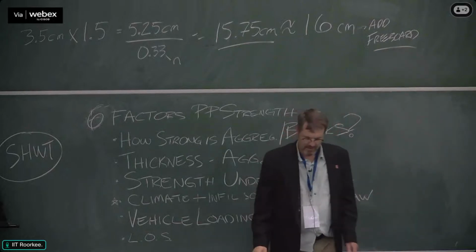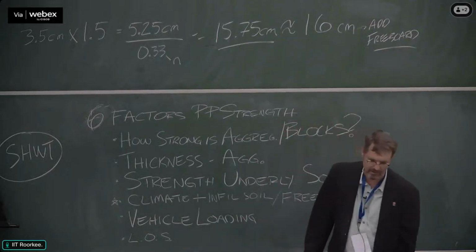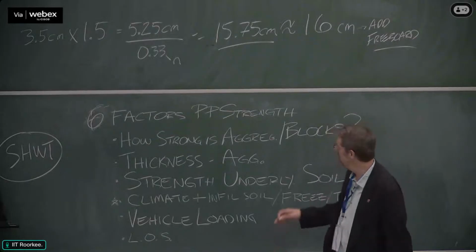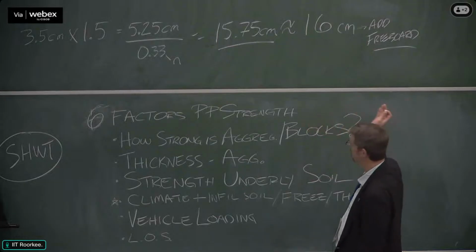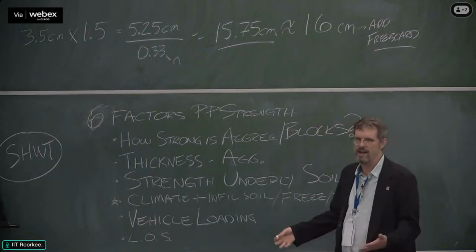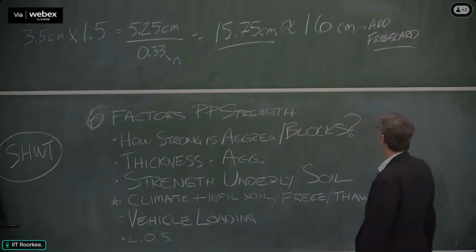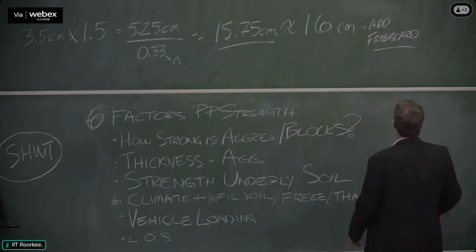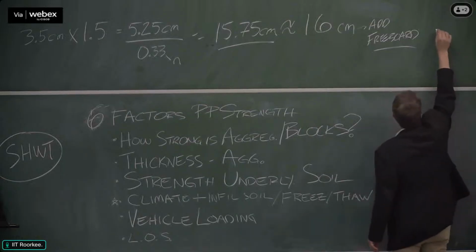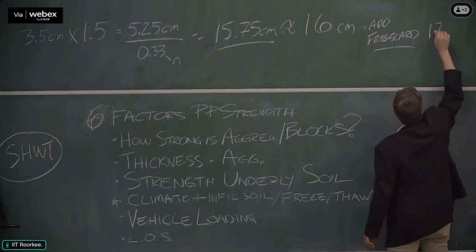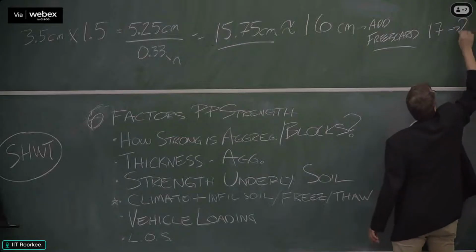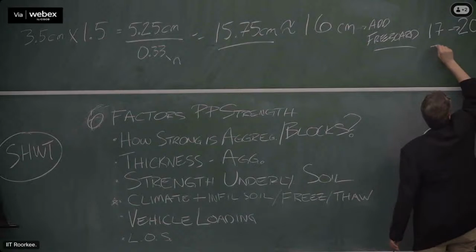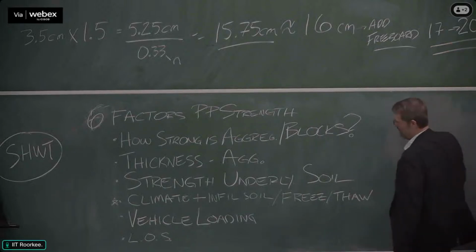A lot of times it's like, what does it matter if I'm not quite right? But you know that construction isn't going to be perfect. And so people will add 10%, they'll add 20%, somewhere in there, to the freeboard. It is best professional judgment. I'm sure people would say 10% at a minimum. So I'm going to say if you pick anything from 17 to 20 centimeters, that would be the answer.